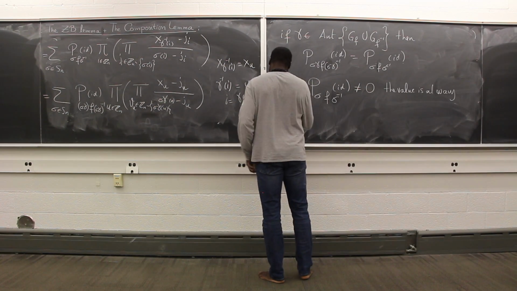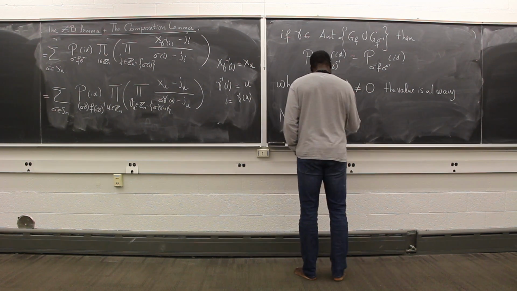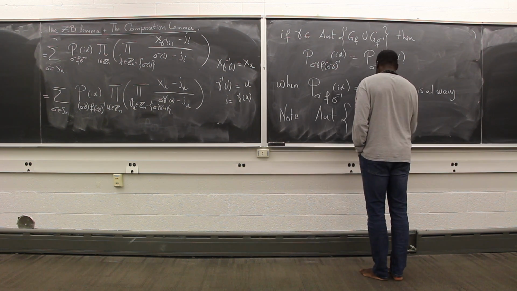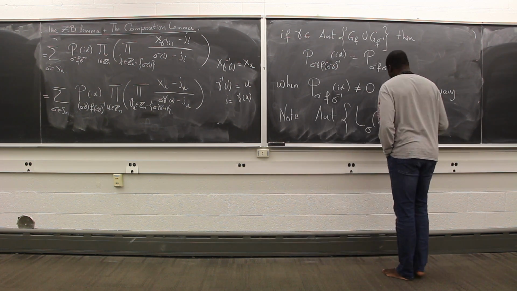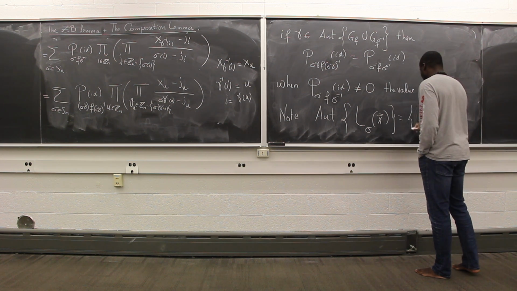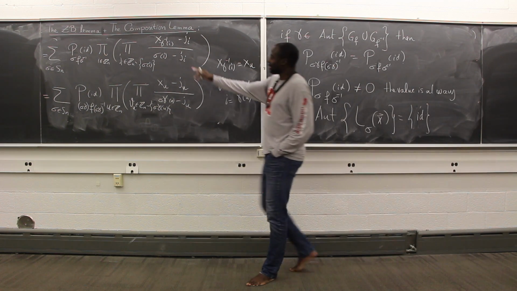Okay. Note that the automorphism group of L sigma of X is only made of the identity element. Each of these sigmas, they are different.